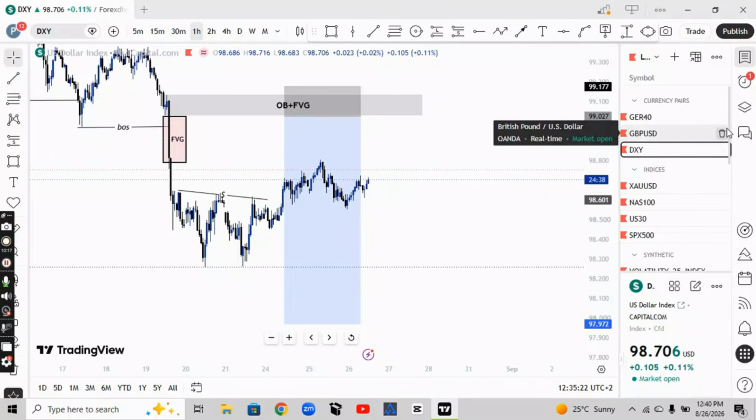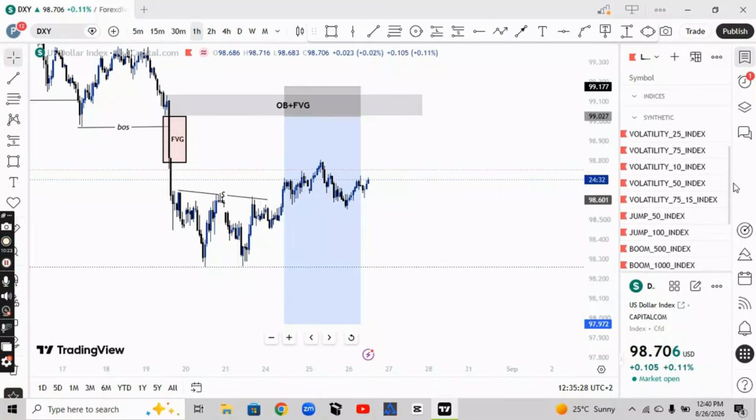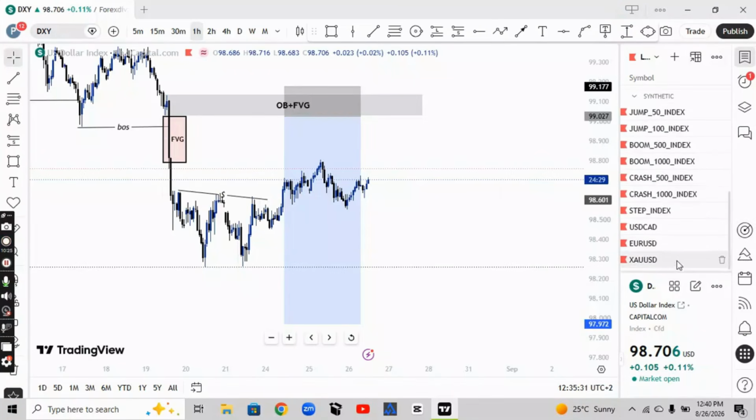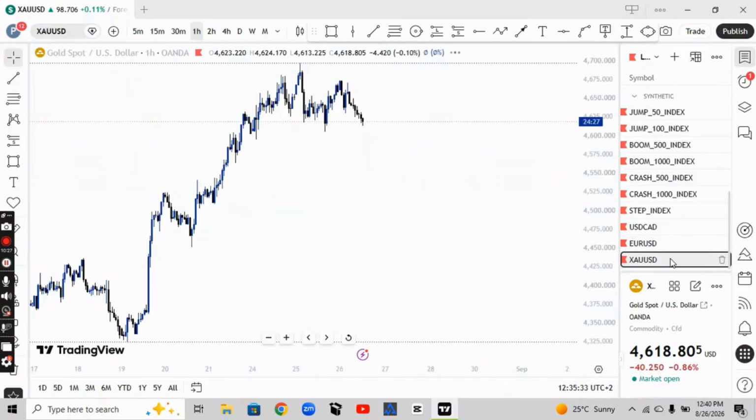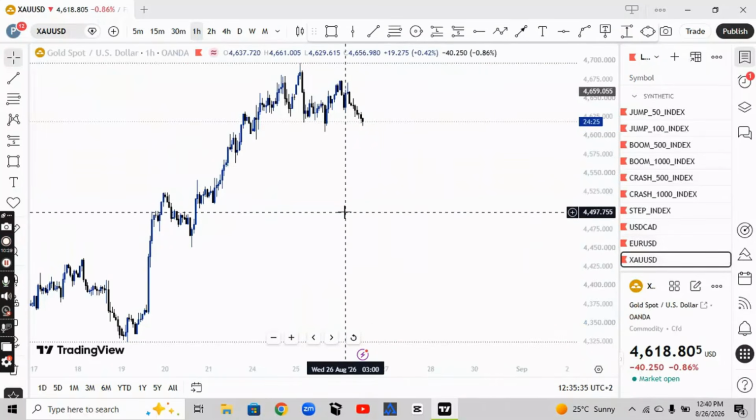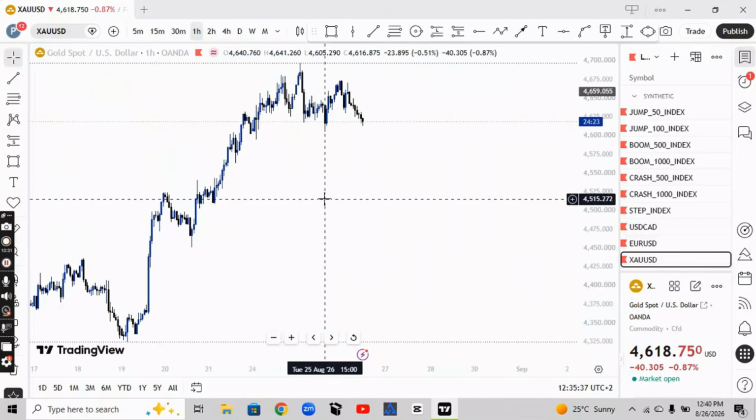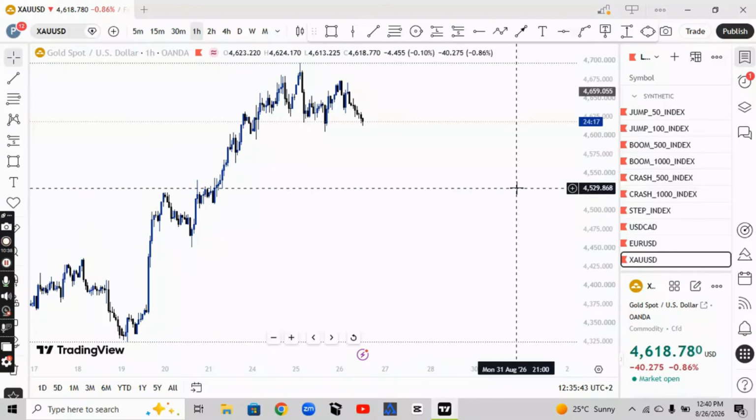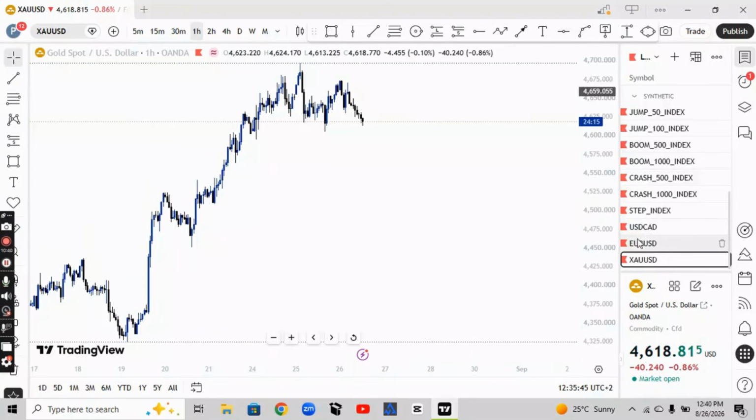The reason I'm not choosing this gold is because this gold analysis I used for the 330 strategy. Oh, we just did gold. No, we did USD.